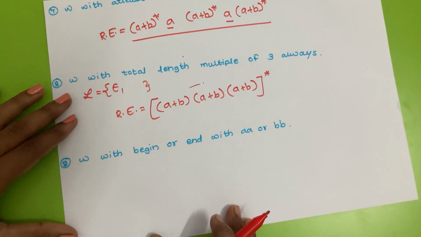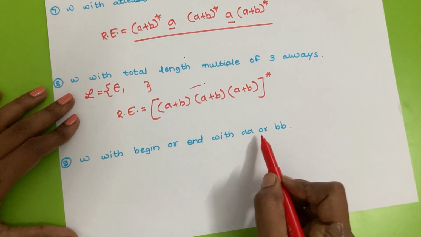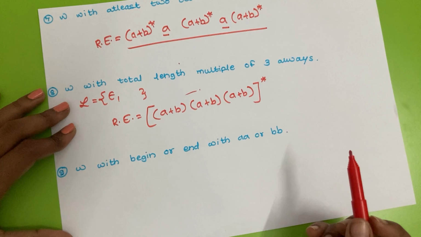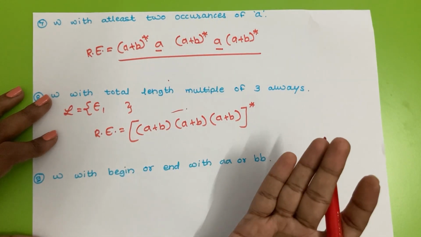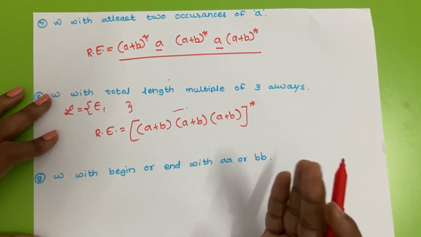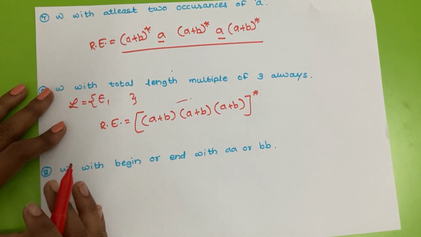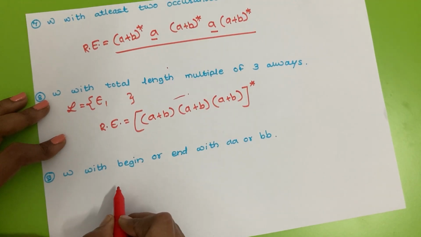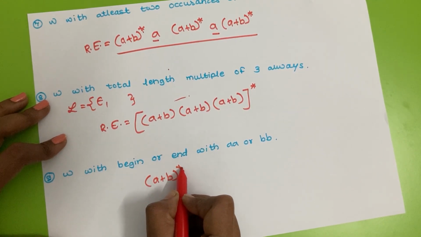Now next, W that begins or ends with double A or double B. Before this example we have seen starting and ending with the same double letter, but here I want either at the start or at the end.